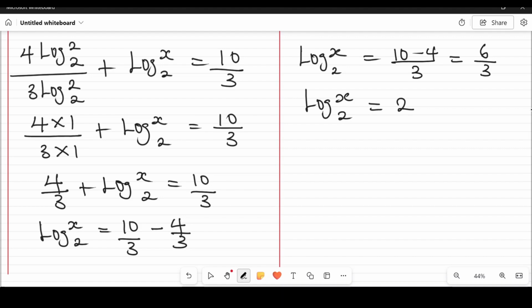From here, we can apply the relationship between indices and logarithm. So this becomes x equals 2 raised to the power of 2. So our x is equal to 4. That is the answer. So we were given a question that was not convenient for us to solve, and we had to change the base to be able to simplify the equation.